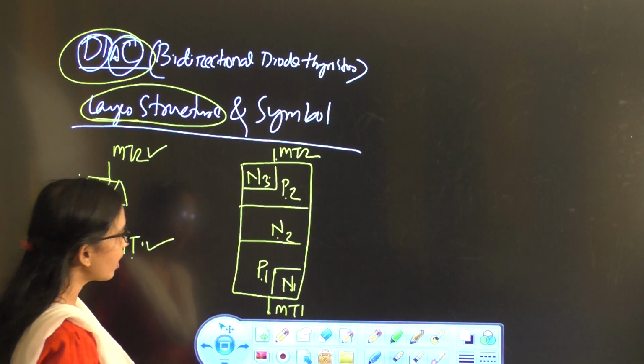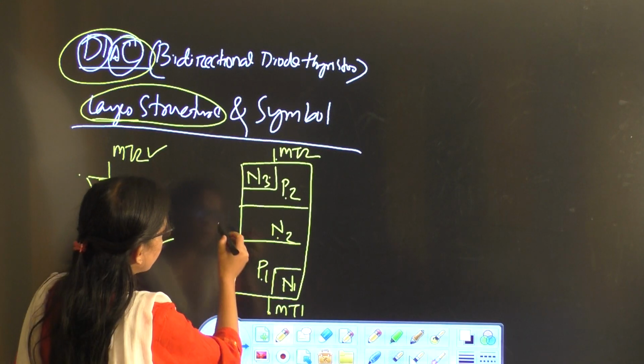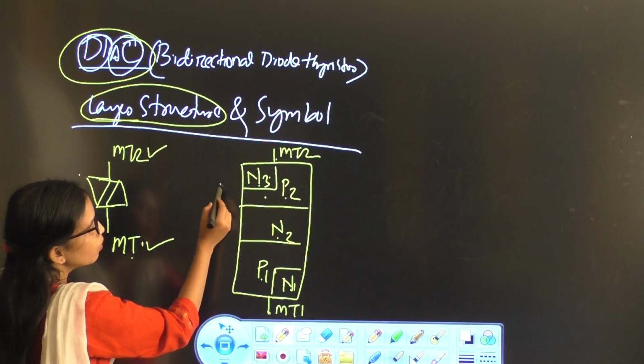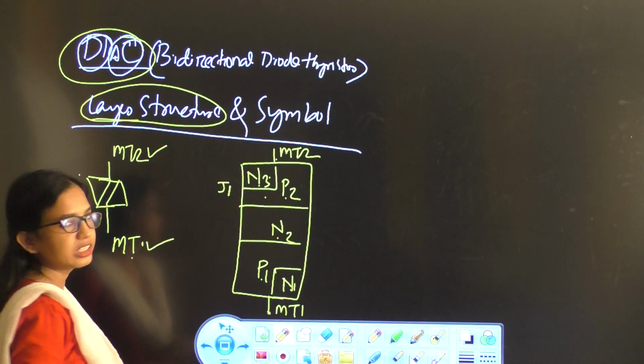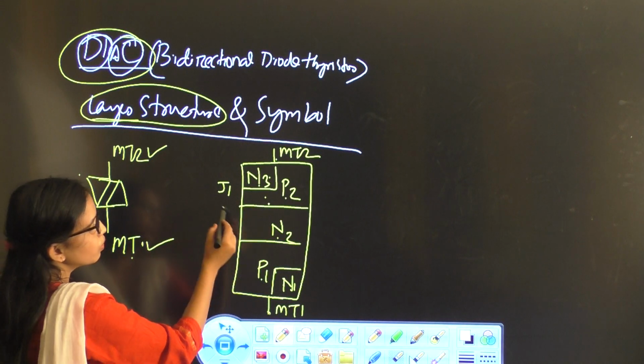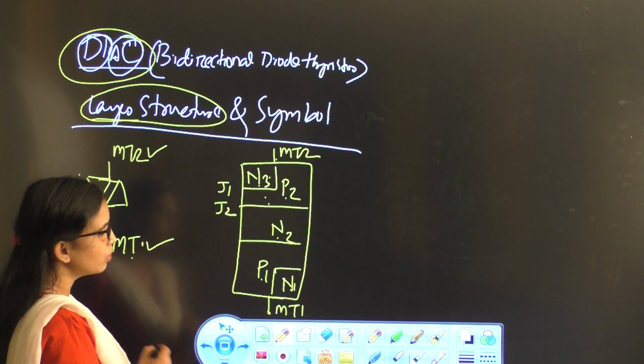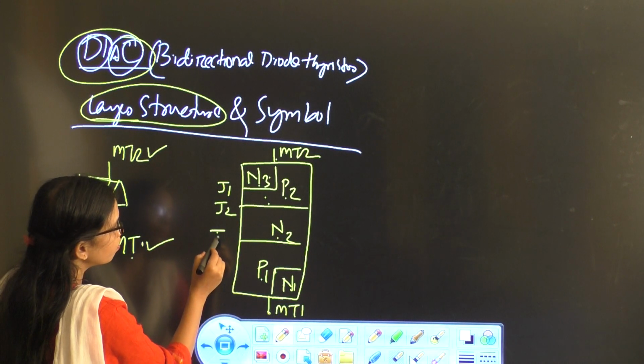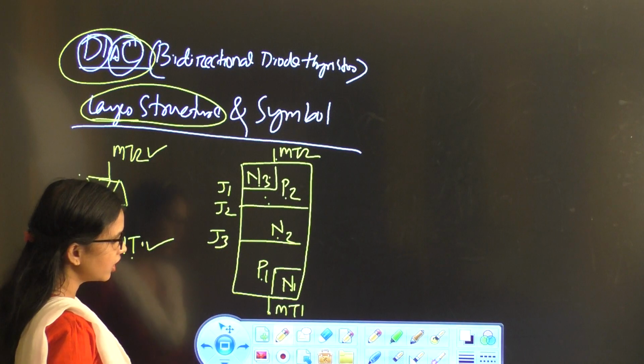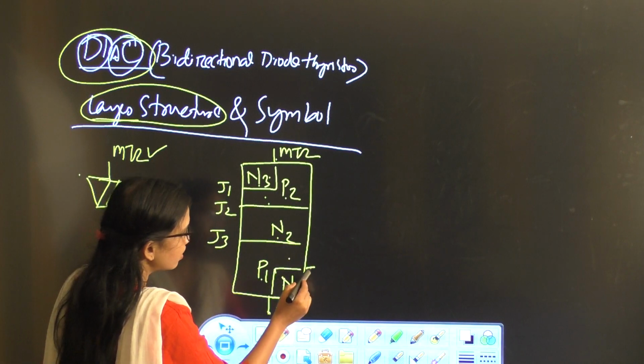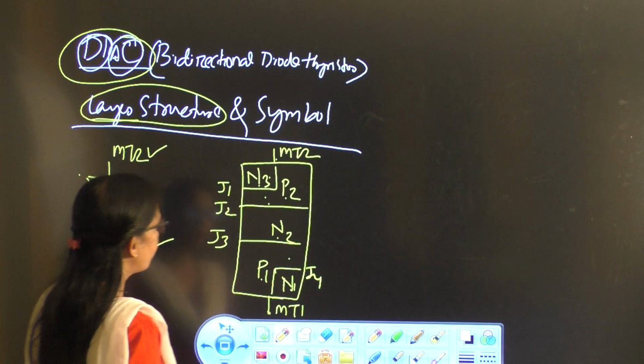Between N3 and P2, one junction is called J1. Between P2 and N2, junction J2, between N2 and P1, the junction becomes J3, and between P1 and N1, the junction becomes J4.